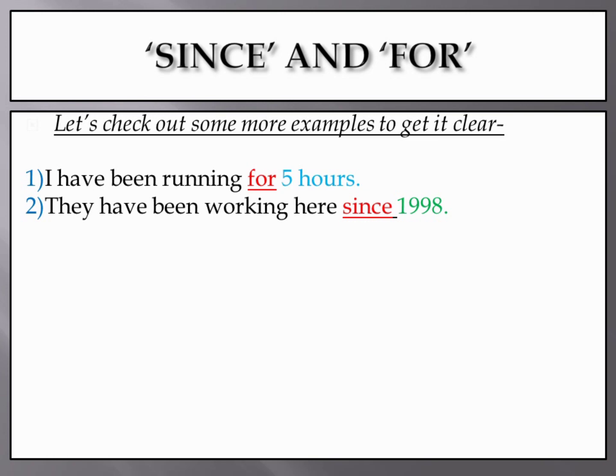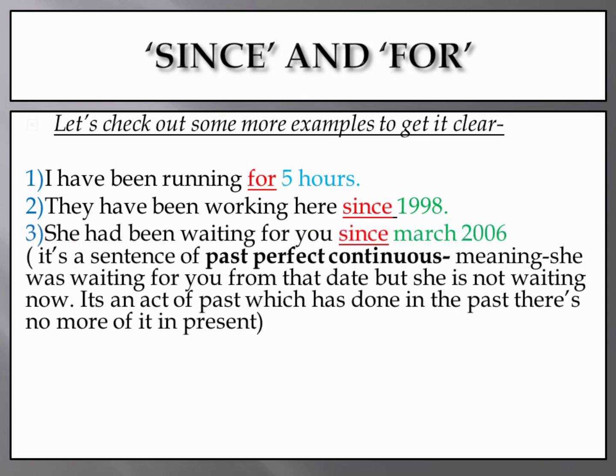The second one is they have been working here since 1998. That gives a particular time, so we used since here. The third example is she had been waiting for you since March 2006.